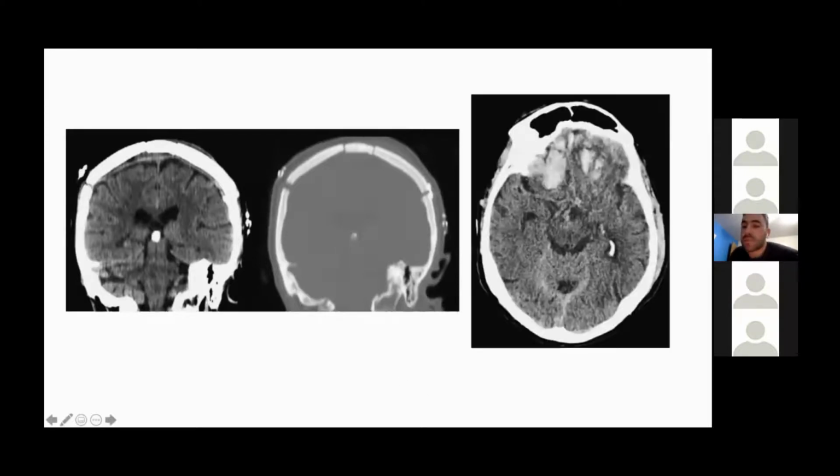And then here, last but not least, in the head injury section, is someone with contusions, bifrontal contusions. And there you see it's just hyperdense areas within the actual brain matter itself. The commonest areas for contusions are the frontal lobes and the temporal lobes.